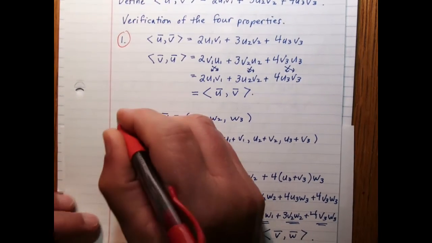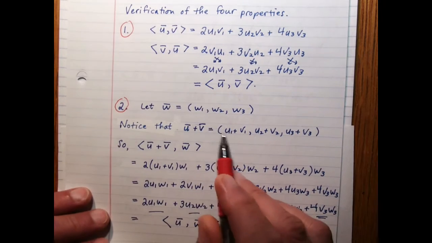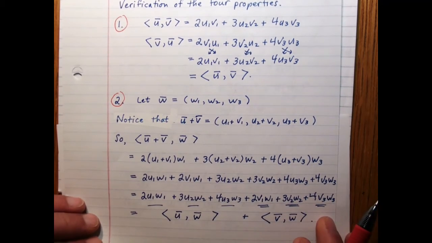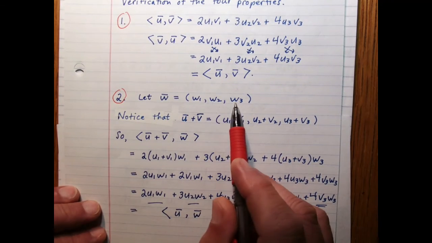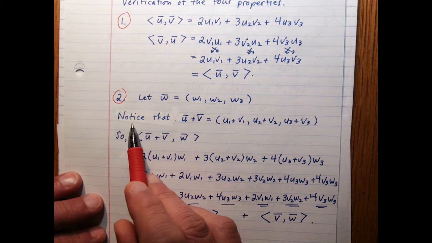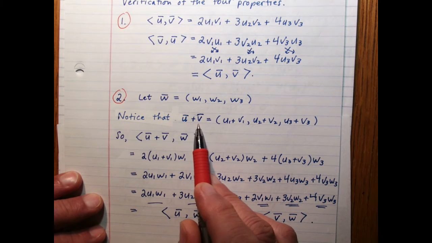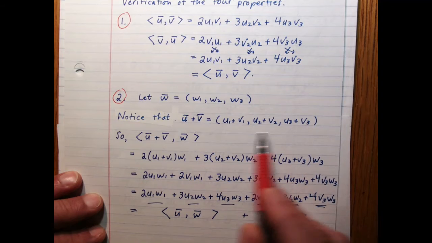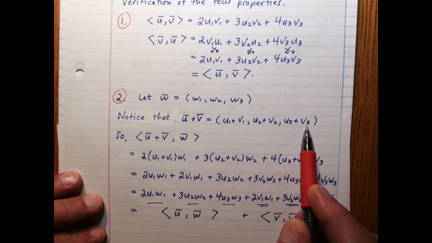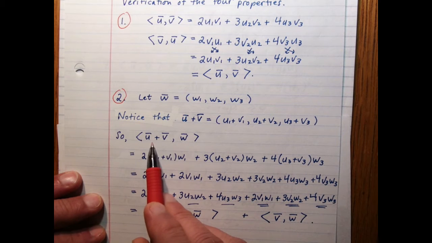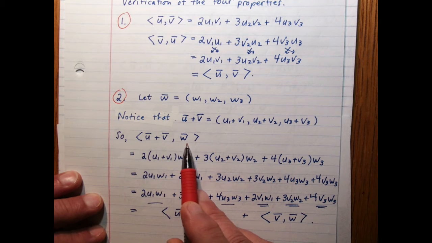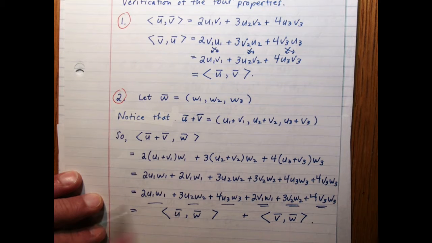Property 2, I need a third vector to work with here. So I say let W be W1, W2, W3. Now we already know that if we add U and V together, we get what I've written here, right? A vector with those components. So now let's figure out the inner product of U plus V with W, using my weird inner product I've just defined.